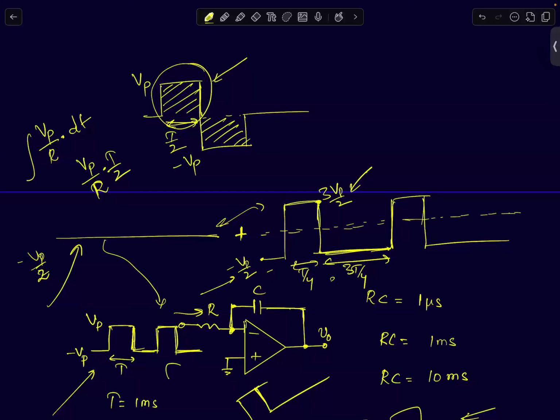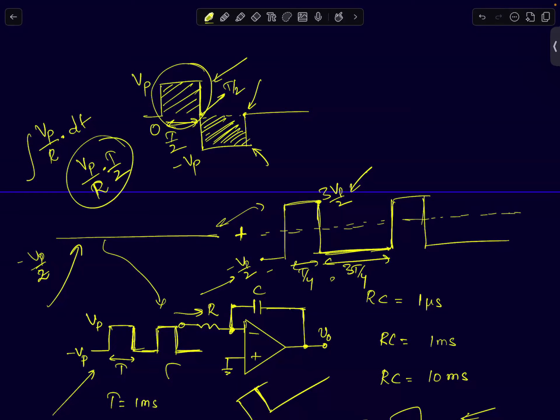In the negative half cycle, what am I doing? In the positive half cycle, I'm supplying charge to the capacitor. In the negative half cycle, I'm removing charge from the capacitor. Since the positive and negative areas are the same, you started at t equal to 0. At t equal to T by 2, you gave the maximum amount of charge to the capacitor.